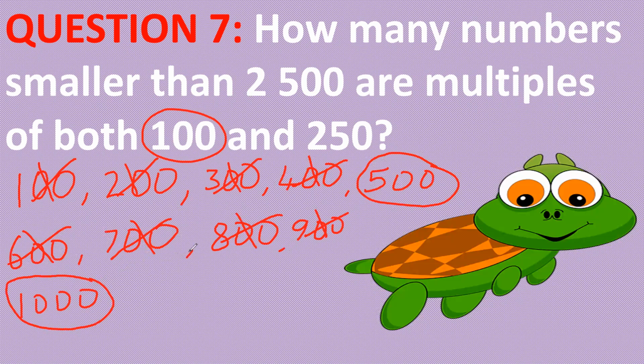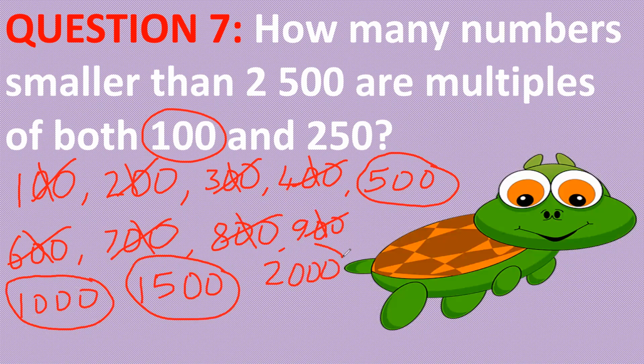And then we just carry on, but we can skip some numbers, because we know 1,100 will not work, 1,200 will not work, 1,300, 1,400, but 1,500 will work. And another option, 1,600, 1,700, 1,800, 1,900 will not work, but 2,000 will work.